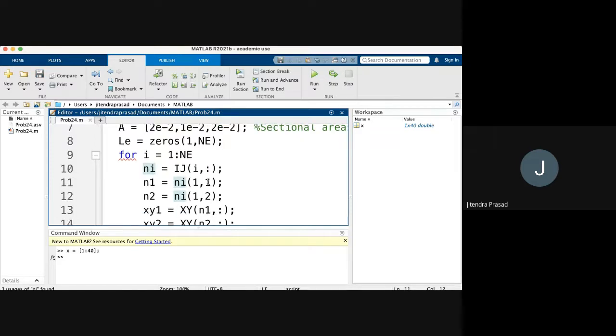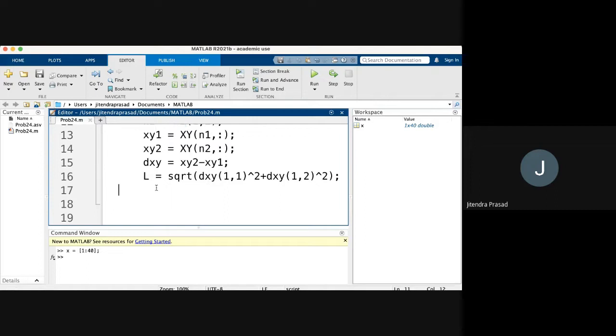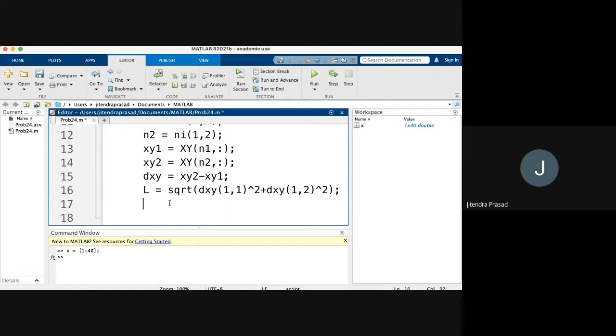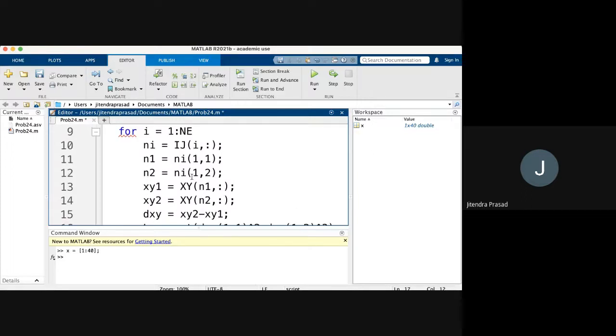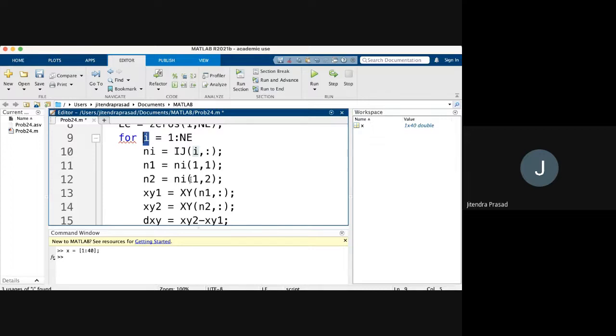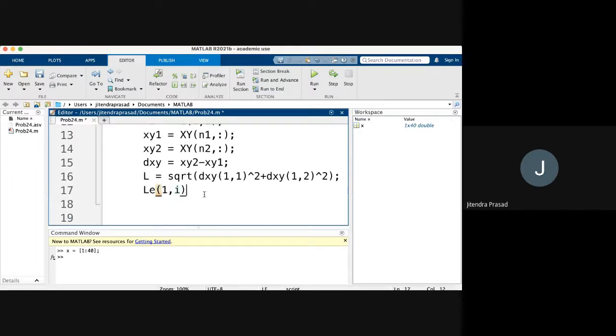So you can put here LE, with index i, where i is the element number it is keeping with it. So LE is equal to L.